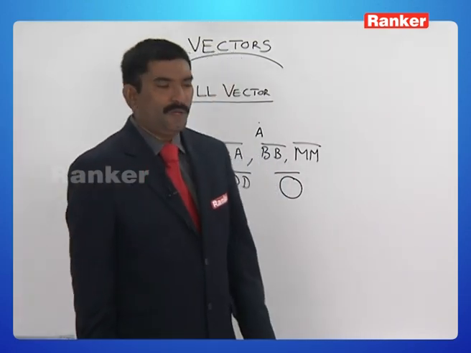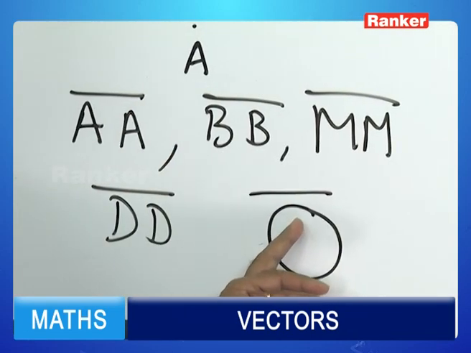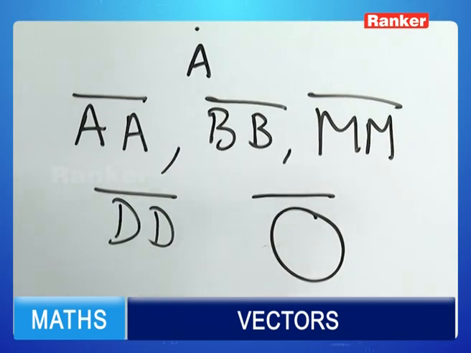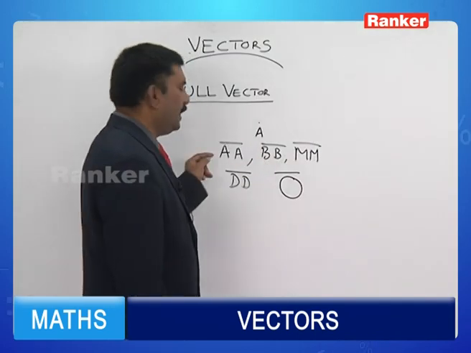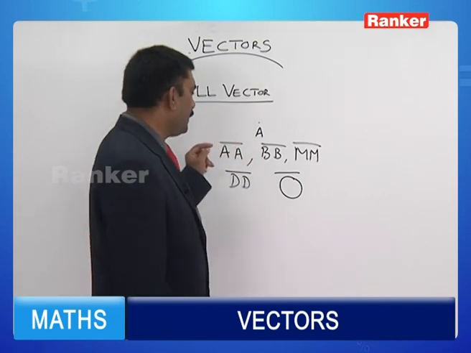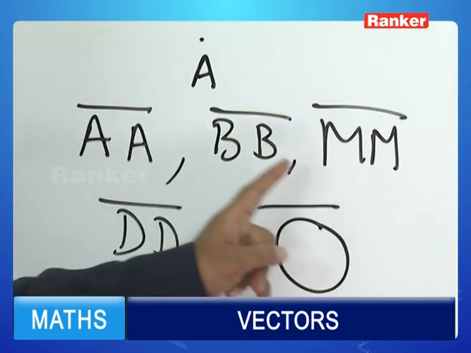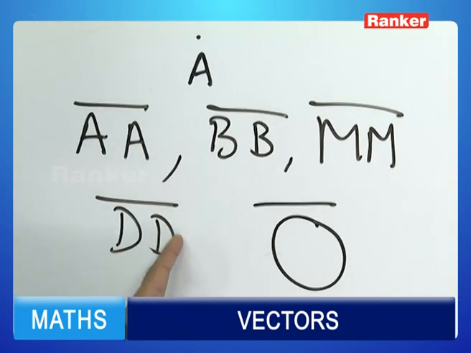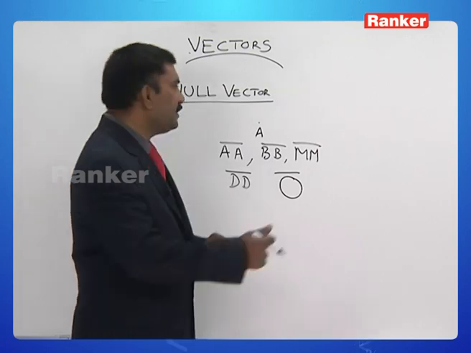So this is the null vector. It has no fixed direction. It has a direction, but it is not defined. So AA bar, BB bar, MM bar, CC bar, DD bar are known as null vectors. What is a null vector?